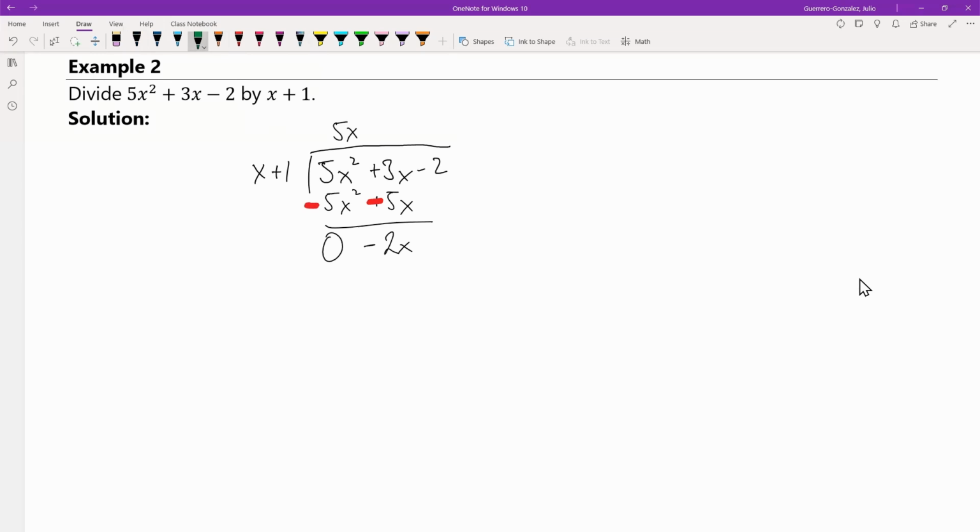And like we did before, that drops. Minus 2. X goes into minus 2x minus 2 times, so this times this is this. So we have minus 2x here, and then minus 2 times 1 is minus 2. We're at the step where we have to switch all the signs, so plus and plus. This is 0, so this is 0.